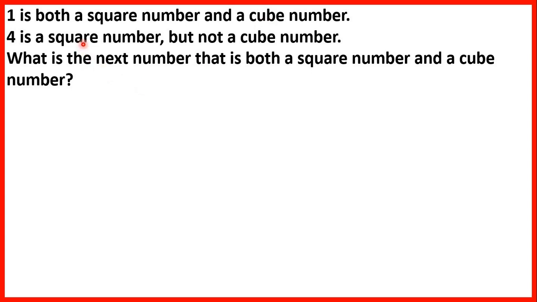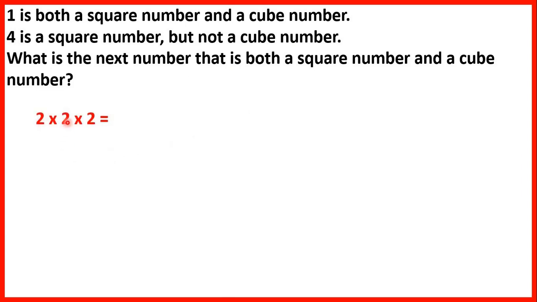So 4 is a square number because 2 times 2 is 4, but we can't multiply a number by itself and then by itself again to get 4, so it's not a cube number. To solve this question, let's find cube numbers and then see if they're also square numbers.